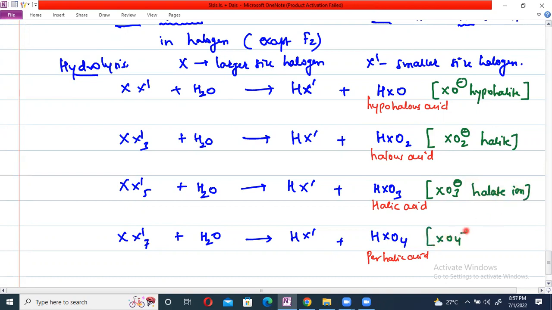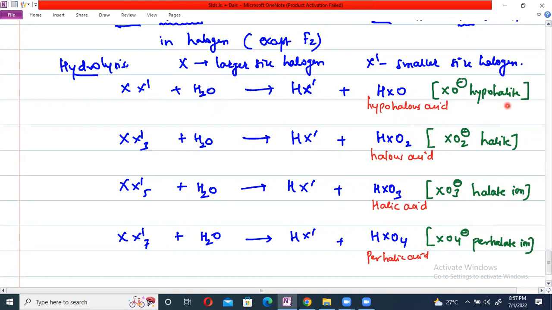And here XO4 negative will be called perhalate ion.